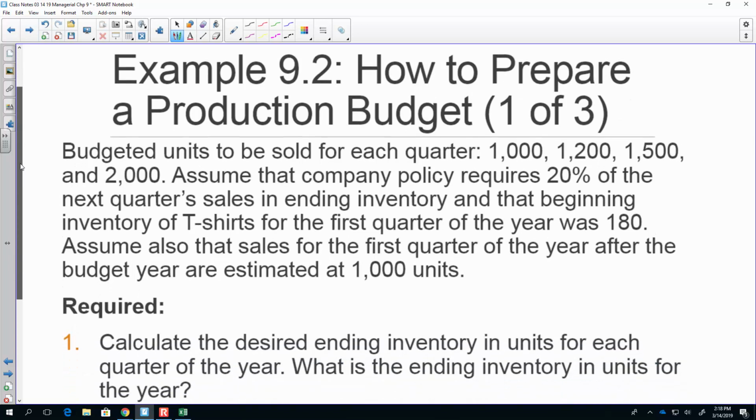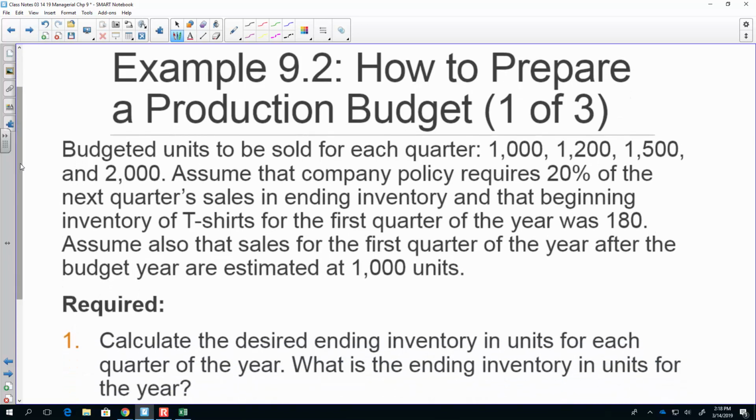Example 2 is the exercise in the book that shows us this. One of the things that's going to be introduced on this report is the company's expectation of ending inventory. If we're looking at units produced, what ending inventory are we looking at?